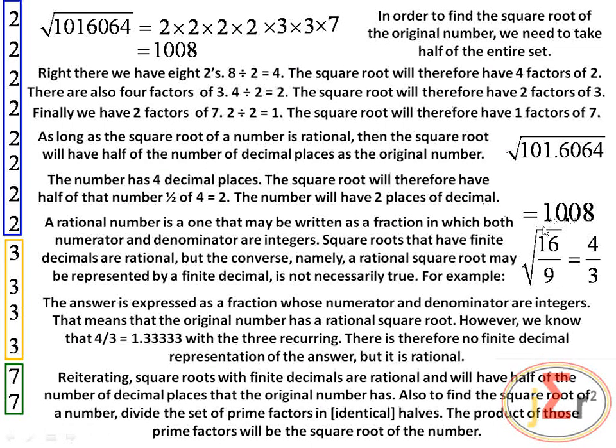But not every rational square root may be represented as a finite decimal, as we see that this one is not a finite decimal, yet still it is the square root of 16/9, and it is also rational.